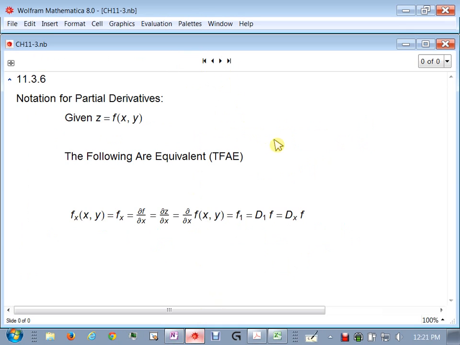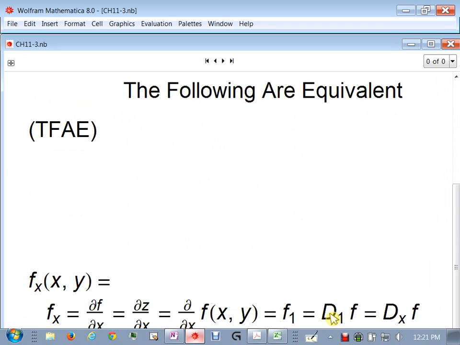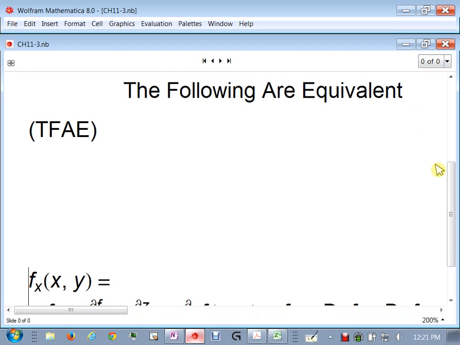All right, some notation. The following are equivalent. These are all different notations for partial derivatives that you may see elsewhere, or perhaps not see elsewhere.